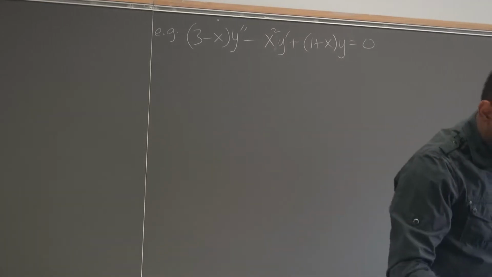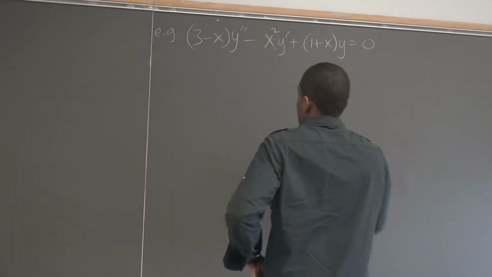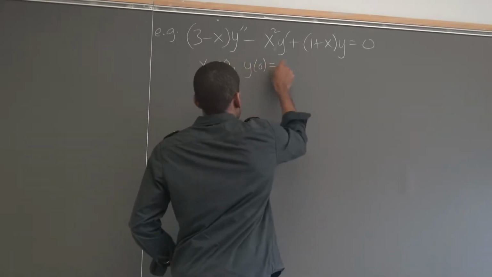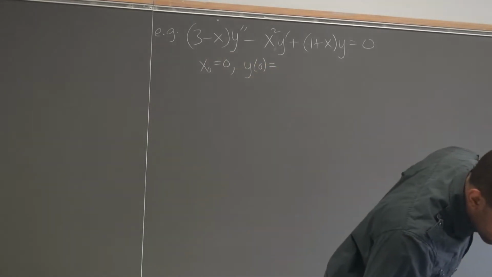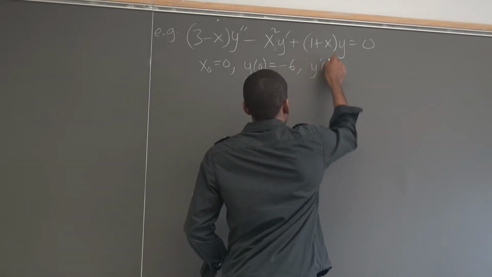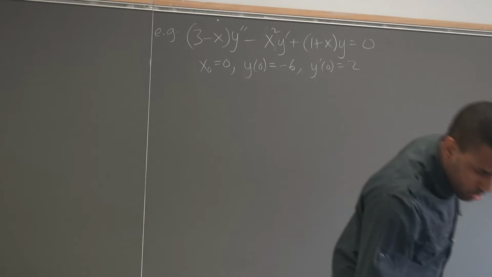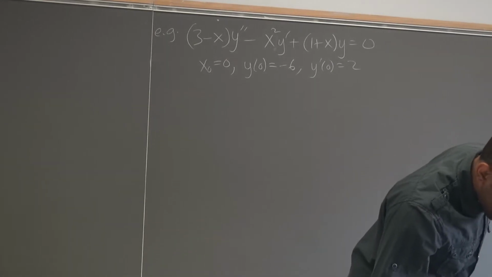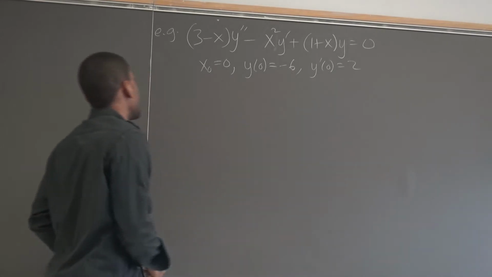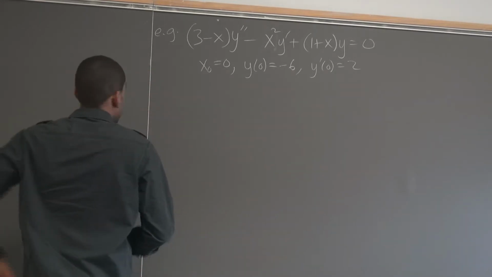Right, x naught equals 0 and all that, and we have that. We're given y of 0. Okay, compute the first 4 terms involved. So now we're going to use this idea.